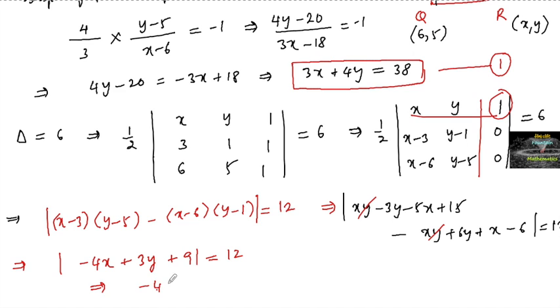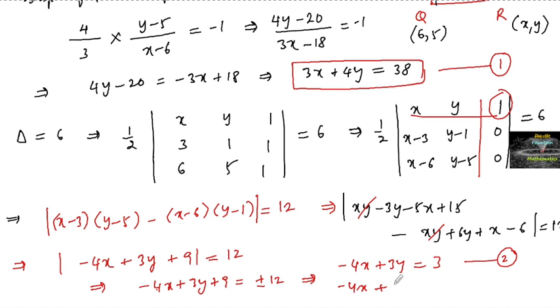Or we can take minus 4x plus 3y plus 9 is equal to plus or minus 12, which gives you two equations. Minus 4x plus 3y is equal to 12 minus 9, that is 3. This is one equation. And let me take another: minus 4x plus 3y is equal to minus 12 minus 9, that is minus 21, which is your third equation.